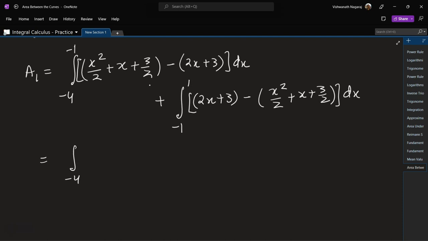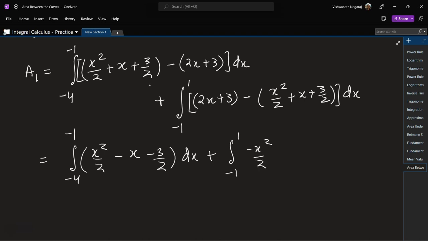So first let's simplify this. x square by 2 minus 2, x square by 2, plus x minus 2x is going to be minus x. 3 by 2 minus 3 is minus 3 by 2 dx, plus minus 1 to 1 minus x square by 2. 2x minus x is going to be plus x. 3 minus 3 by 2 is going to be plus 3 by 2 dx.